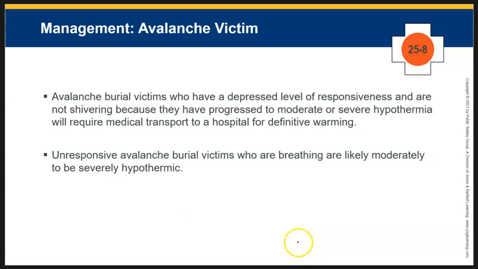If they have a depressed level of responsiveness and are not shivering because they've progressed to moderate or severe hypothermia, we're going to have to transport them for definitive warming in addition to the other possibilities that have occurred, such as trauma. Unresponsive avalanche burial victims who are breathing are likely moderately to severely hypothermic.